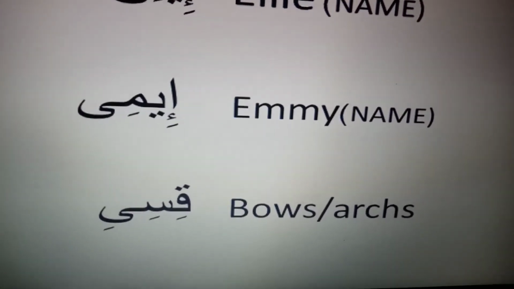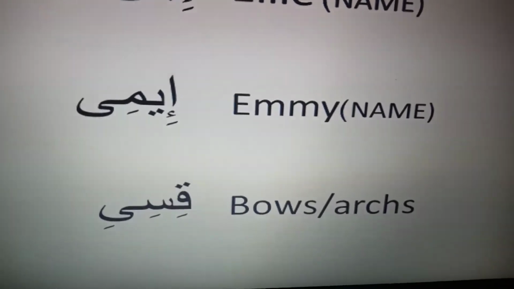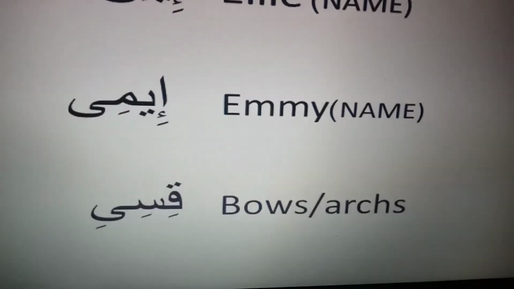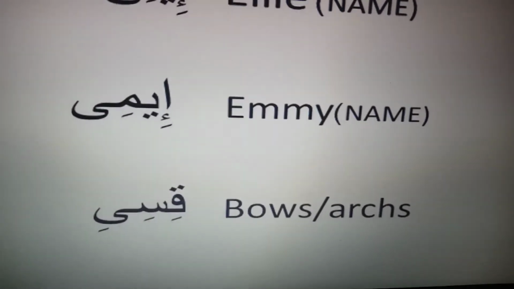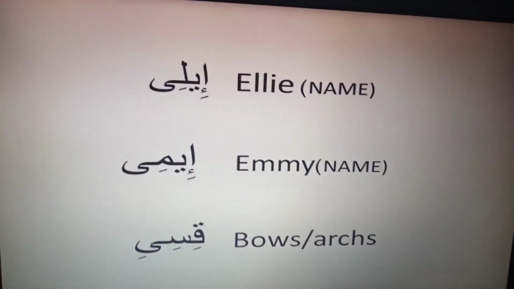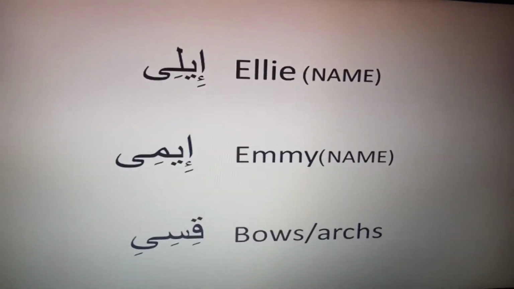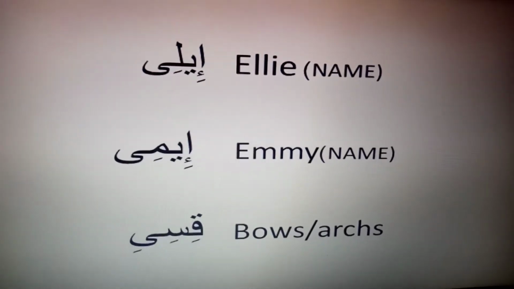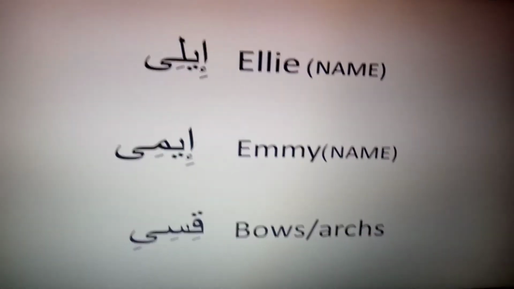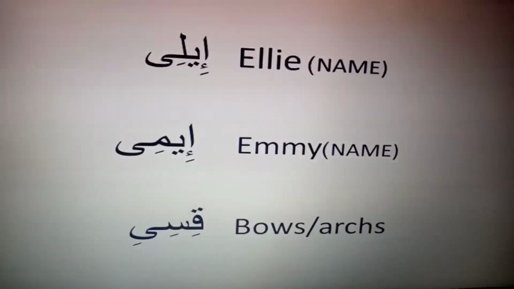So qi, si, si. You know the ya is pronounced as e without having to write a kasra. Qisi. So ili, which is a name of a man, imi, which is a name of a woman, qisi, which means pose or ox.